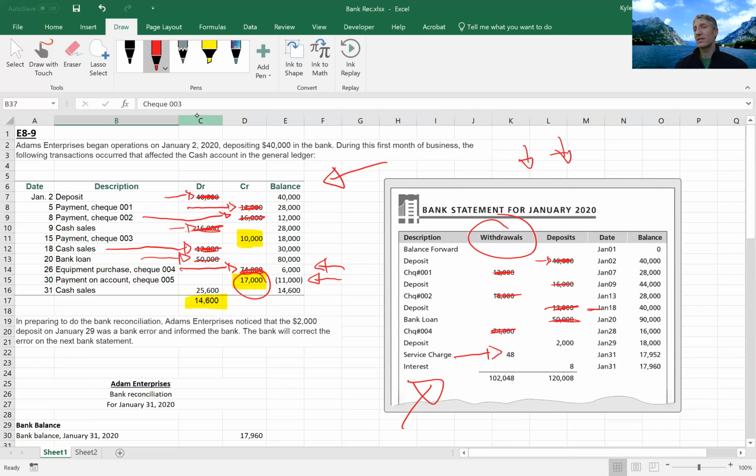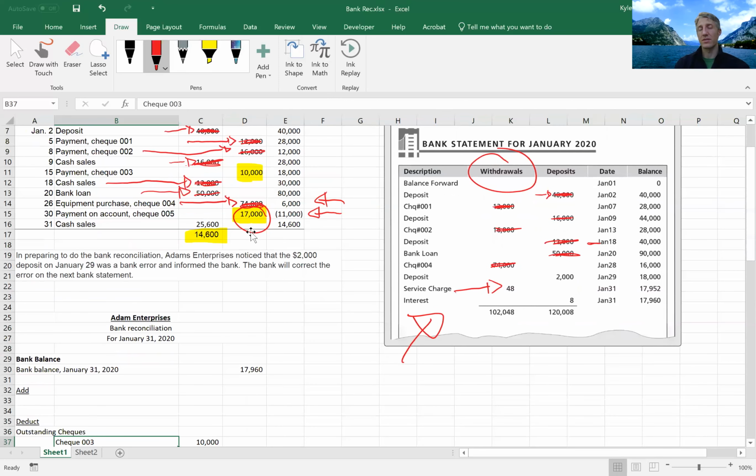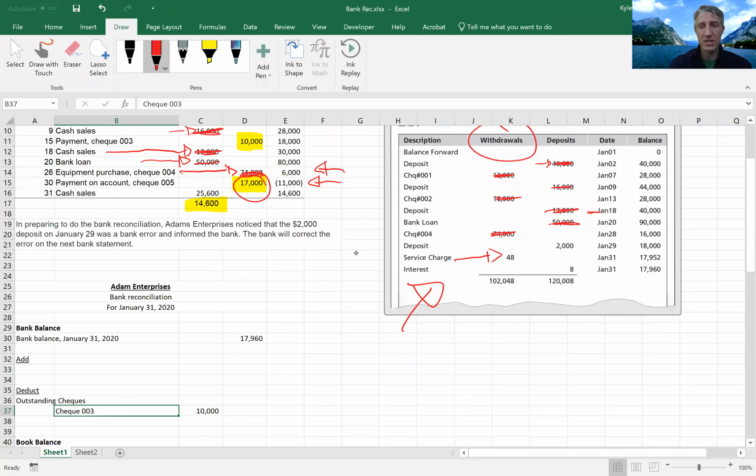So if I want to get the bank balance to match the book balance, I'm going to need to deduct that from the bank balance. Why? Because when that supplier actually goes to deposit the check, it's going to be deducted from here. It's already been deducted from the book balance. So that was check 05, and the amount was 17,000.